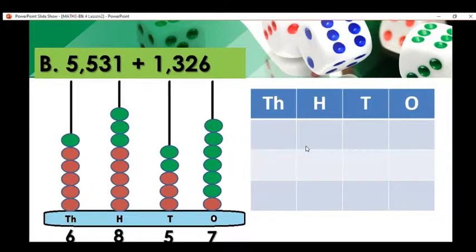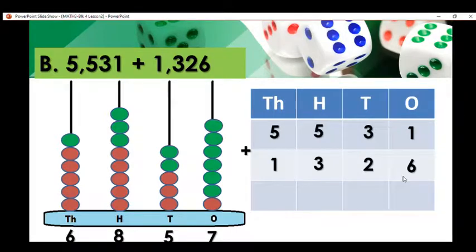We have to put the following in its correct order: 5,531 in our thousand, hundreds, tens, and ones. So we'll just input them to form a column method. Okay, so now we need to add them.